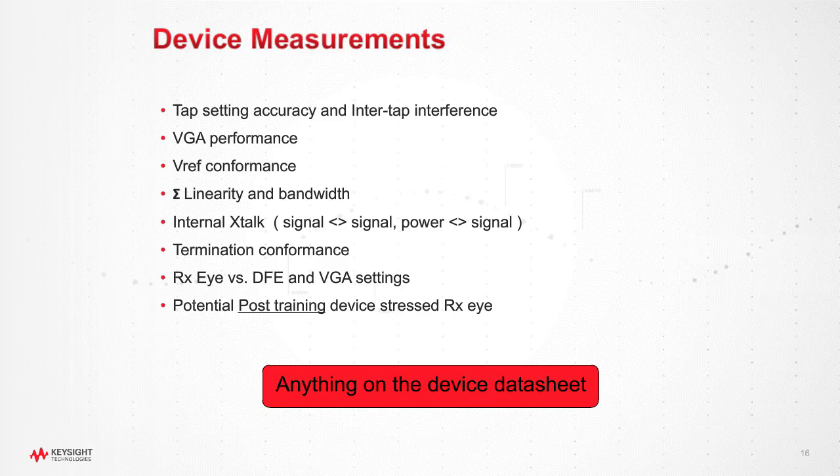And then the bottom line measurement: if you think you've found the right settings for everything, what kind of eye can the device itself actually deal with? So one of the first things to do is take everything that's in the data sheet and figure out how to confirm that either your DIMM or your logic device is meeting that requirement.